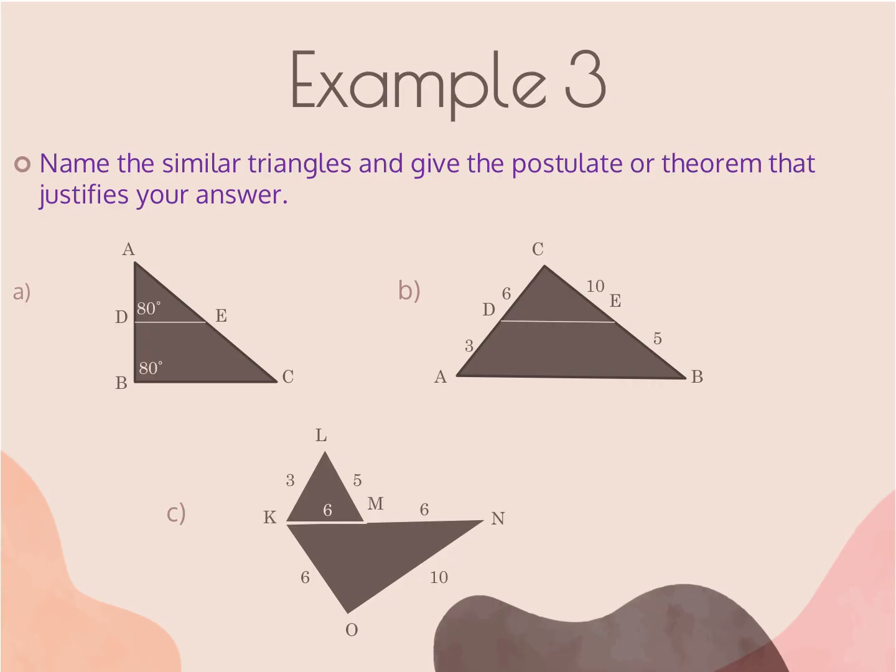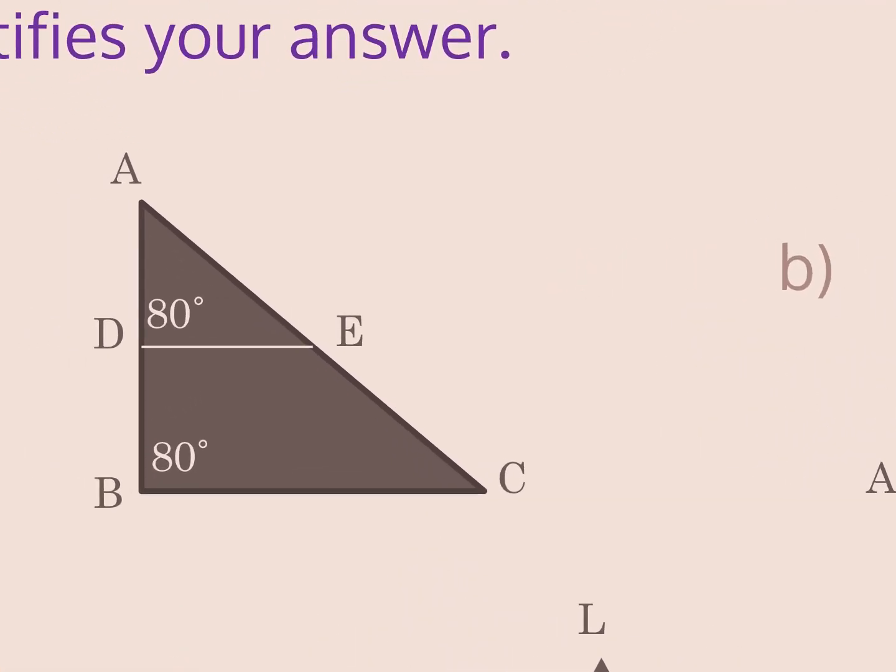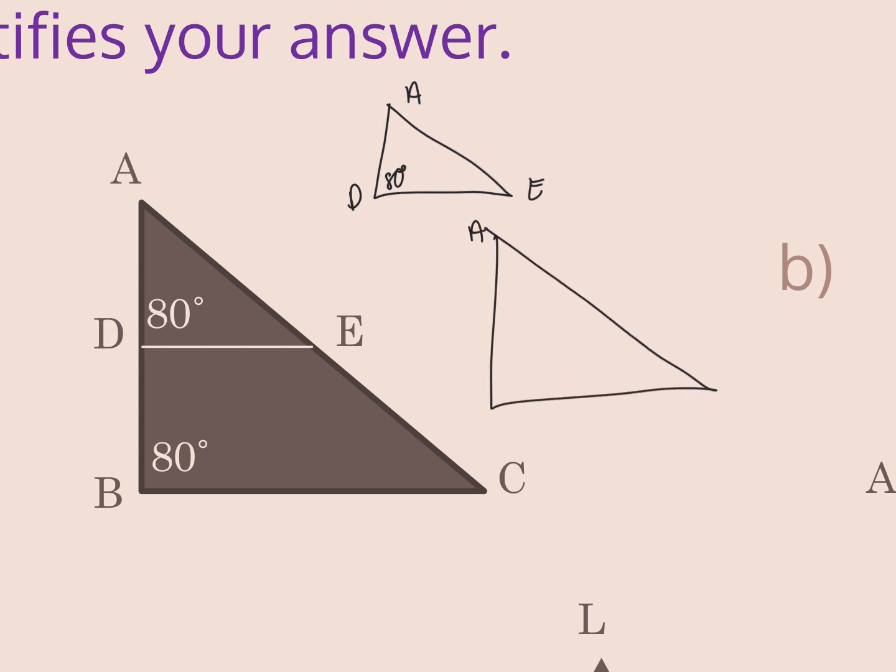All right, example 3. I definitely recommend to draw them out. So looking at this one, I have A, D, E, and we know this is 80 degrees. And then I also have A, B, C, and again, this is also 80 degrees. What else are they sharing?